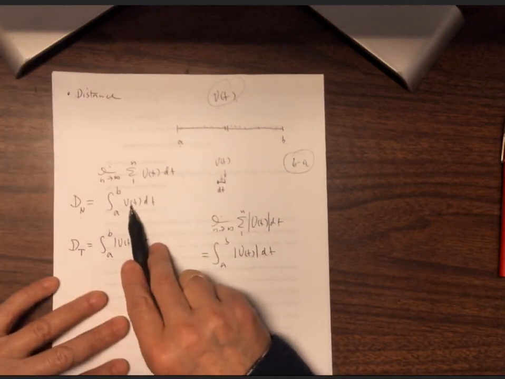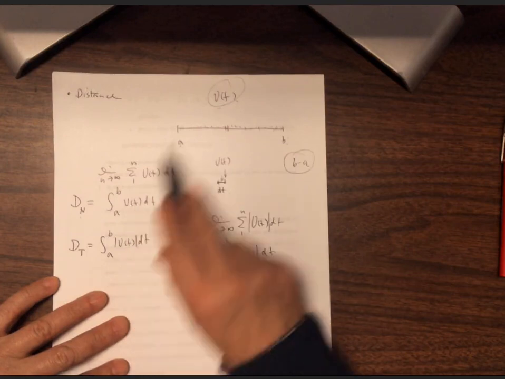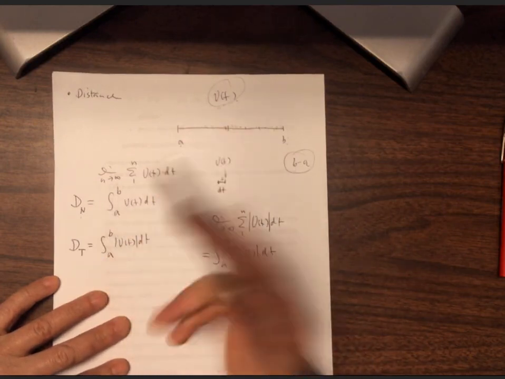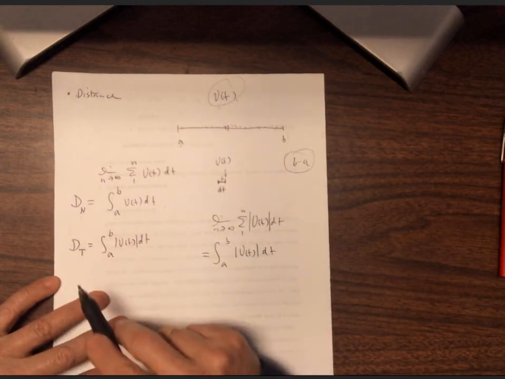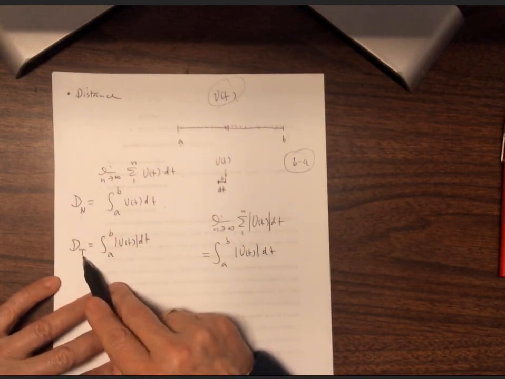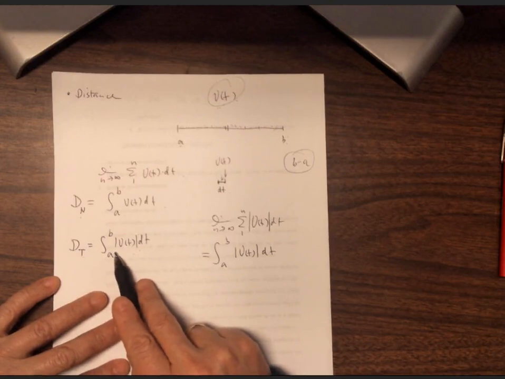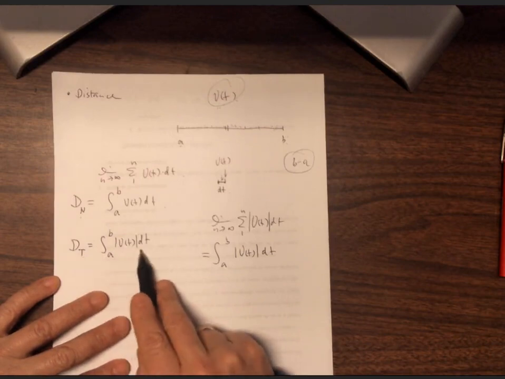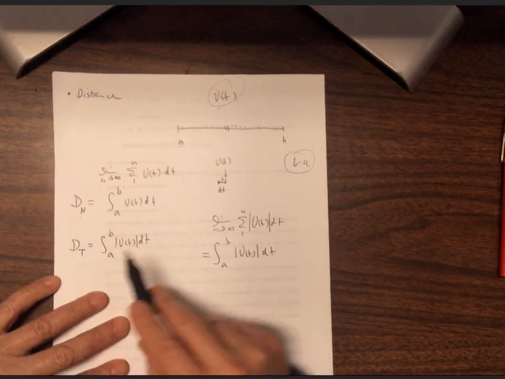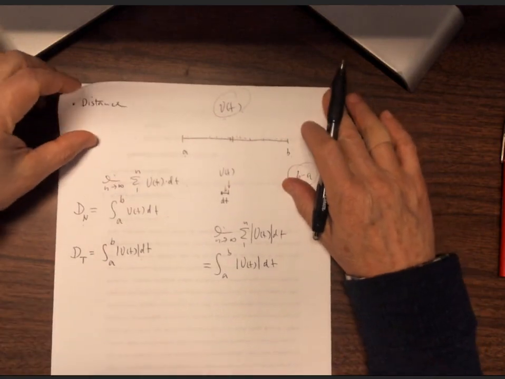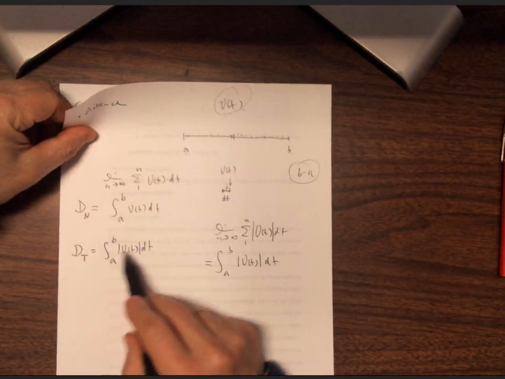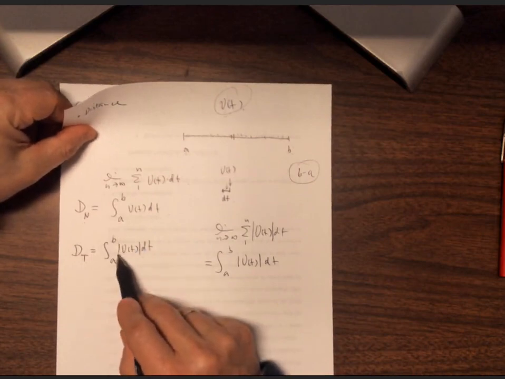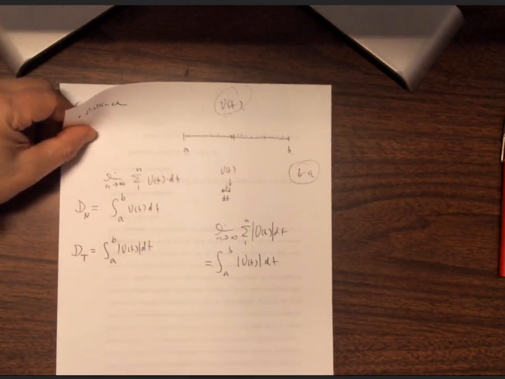This one is just like before, given a velocity function, just integrate from A to B to get the net distance. Total distance or mileage is similar. The difference is that you have to take the absolute value first. So next I'm going to show you how to actually evaluate a definite integral of an absolute value function.